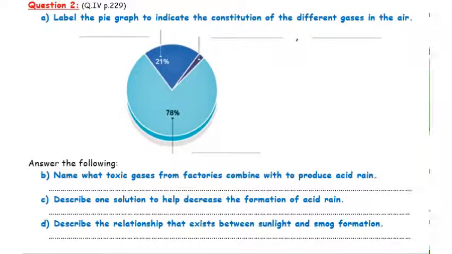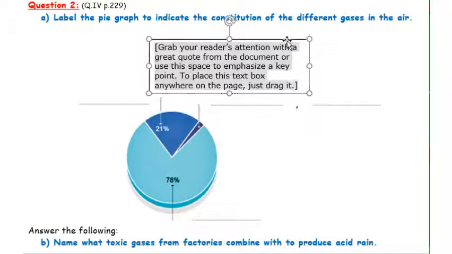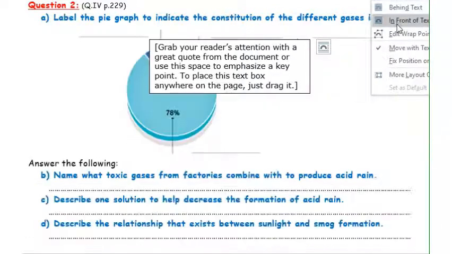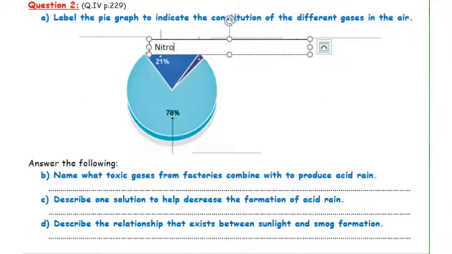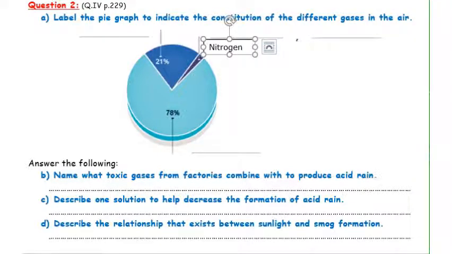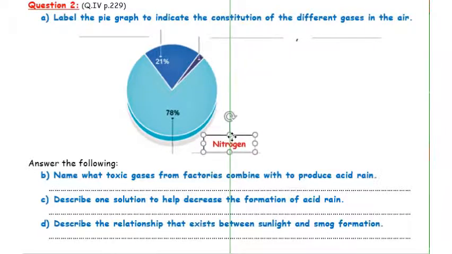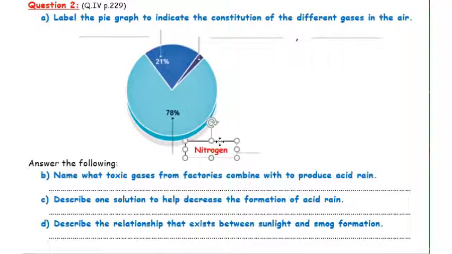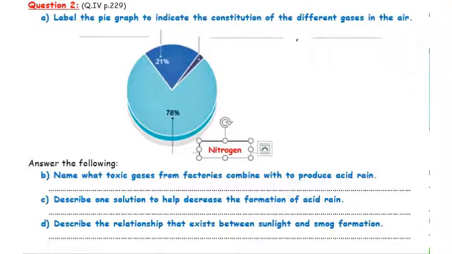So 78% of the air is made of nitrogen. So this is nitrogen.